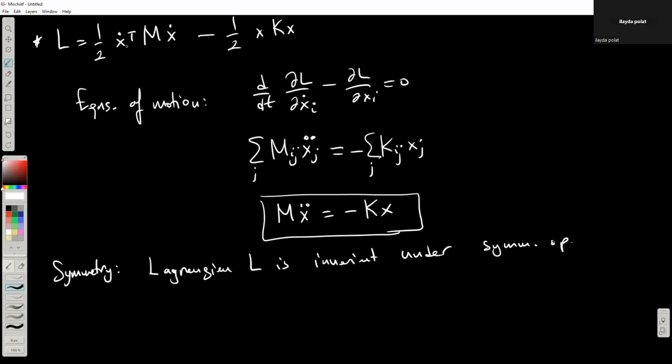Okay, so somehow this is a function that remains invariant. So if you consider the Lagrangian as a function of the velocity and the positions, and you compute this velocity and position in terms of the transformed coordinates, so again, x prime is obtained by a symmetry transformation, they should have the same value. All right, so that's basically the symmetry condition.